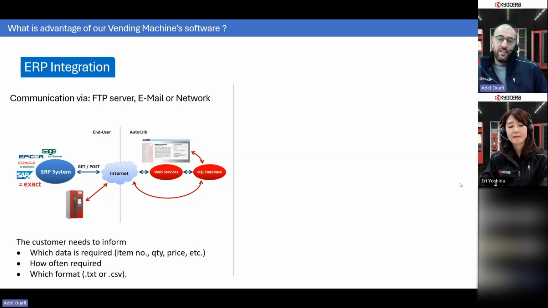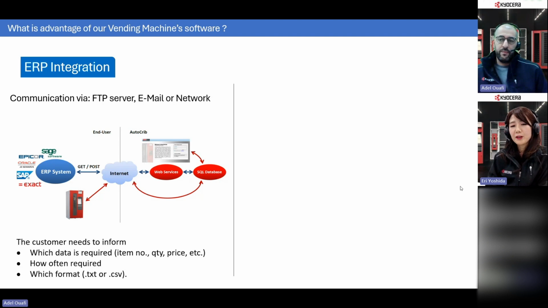The frequency could be set up to transfer several times a day or once a day, weekly or monthly. Important is whether that software can send all the data which the customer requires, and whether the customer's ERP is able to read it. We cannot guarantee that.